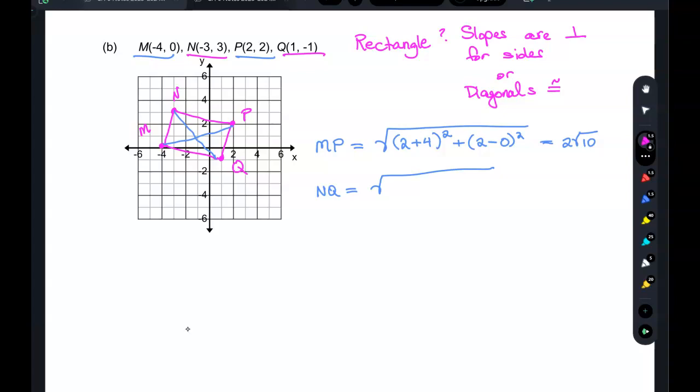So NQ, let's see. 1 minus negative 3, so that'll be 1 plus 3 squared. And then negative 1 minus 3 squared. So that'll be 4 squared, 16, 16, 32.